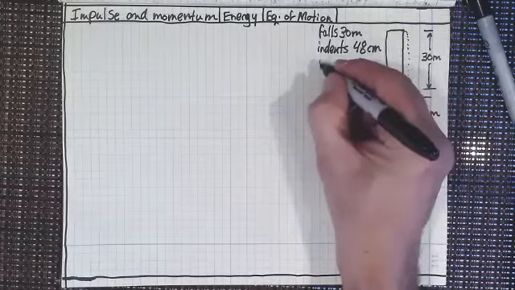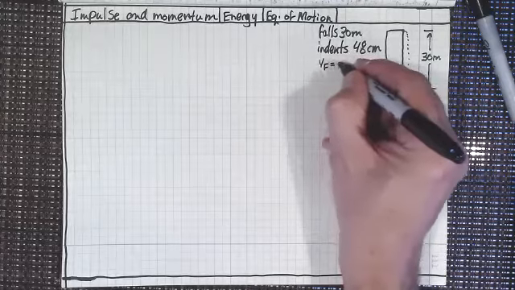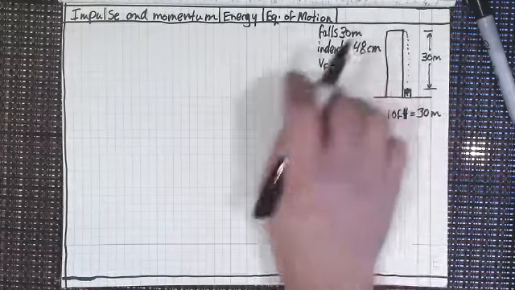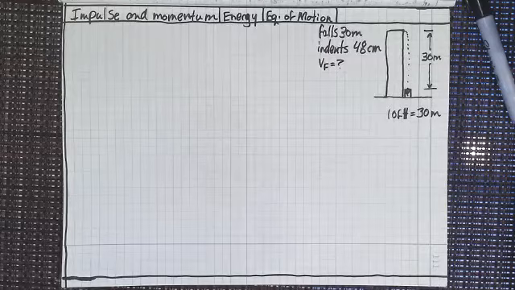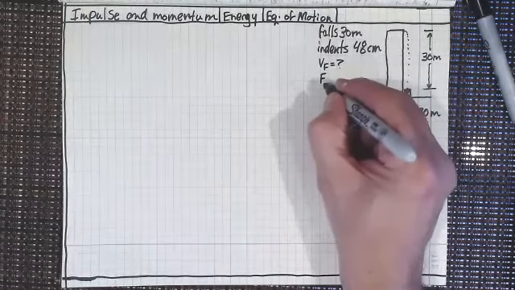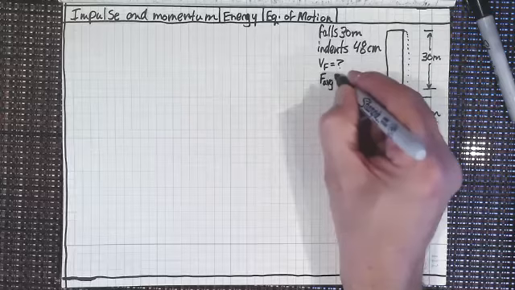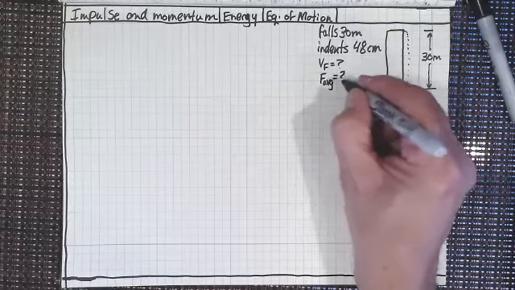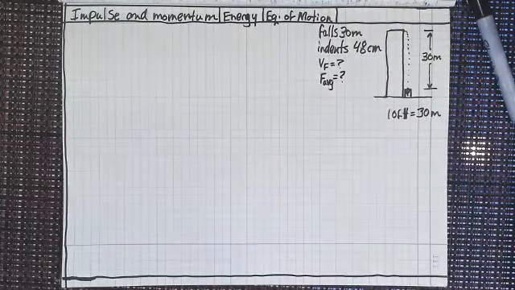We want to know what the final velocity of that shot put was just before it hit the air conditioning unit. And then we want to know what the average force was that it applied to the air conditioning unit, right?